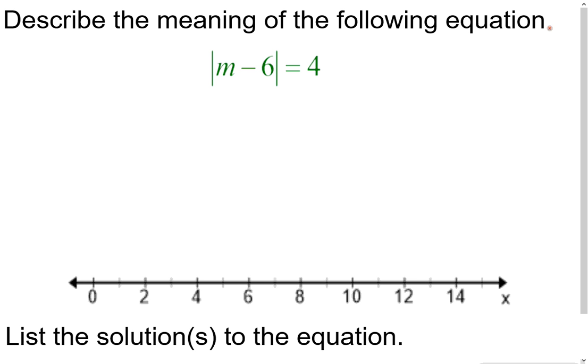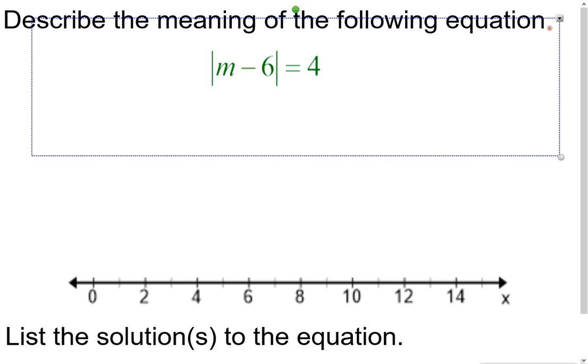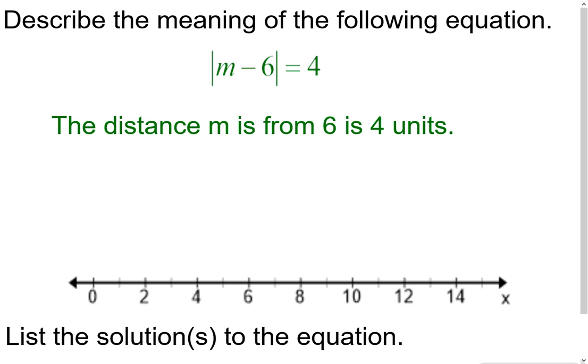Now, let me give you one that's a little more in depth, not too much. In this one, again, I'm going to go back to what does absolute value mean? And I wrote down, in this case, it's the distance m is from 6 is 4. That's what this little equation is telling us. So think about that. The distance m is from 6. So in this case, 6 is my starting point.